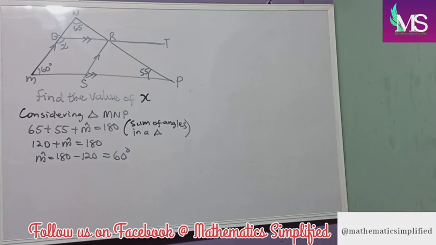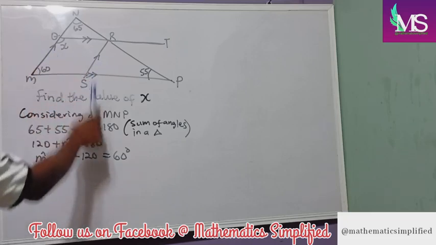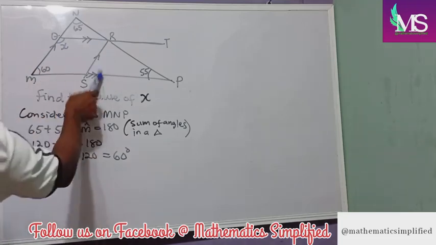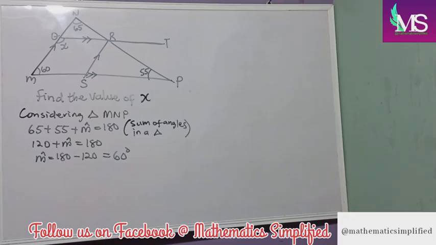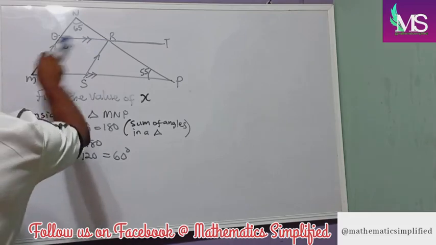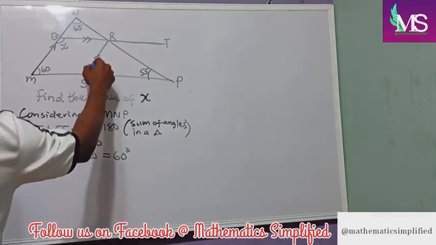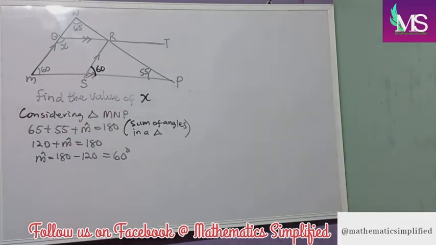Now, if we know that this angle is 60, looking at these two lines, they are parallel. That's what the sign means. These two lines are parallel and these two lines are parallel. Since they are parallel and we have the transversal cutting across, this angle is also 60 degrees.